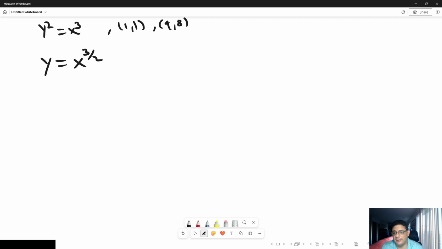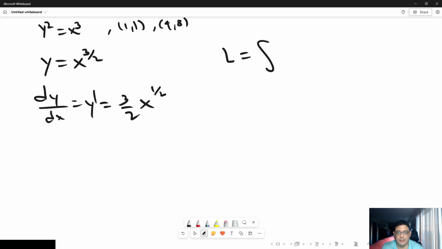Now, if y equals x to the 3/2, then dy/dx, or y prime, is 3/2 x to the 3/2 minus 1, so x to the 1/2. This is my y prime. Now the formula of the arc length is the integral, because we're moving in x from 1 to 4, of the square root of 1 plus y prime squared dx.